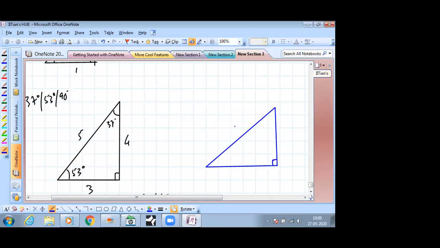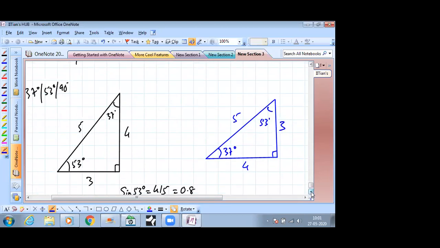So if this right angle triangle is such that these sides are again in the ratio of 5:4:3, and this angle here is 37 degrees, this angle here is 53 degrees.